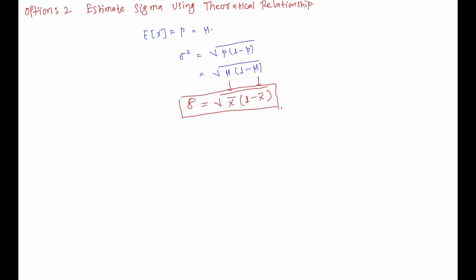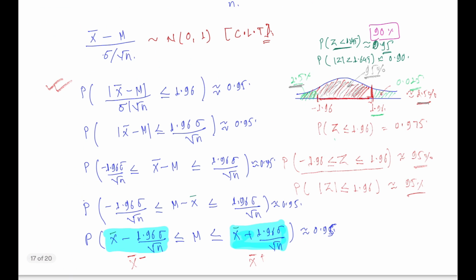So overall, if we have some relation between the standard deviation and the mean of the population, then using the sample we estimate the mean, and once we have estimated the mean using the sample mean, you will also have the estimate of the standard deviation. Then we can make use of this estimated value of the standard deviation to find the confidence interval.